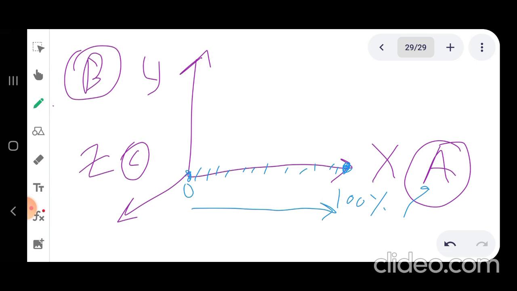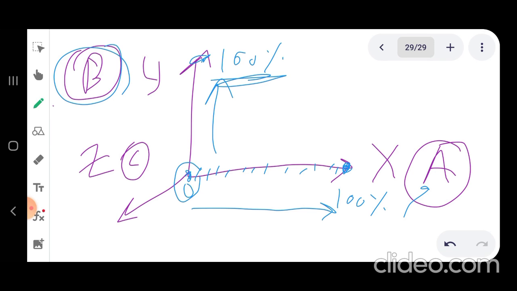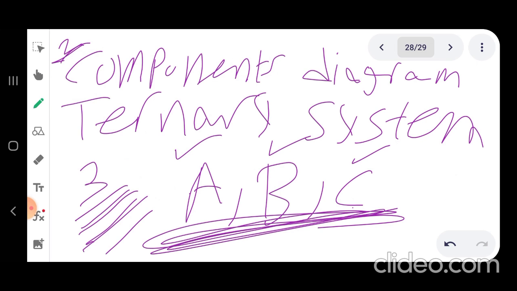Similarly, the y-axis is from 0% B up to 100% B, and similarly along the z-axis from 0% C to 100% C. So this is called the components diagram.